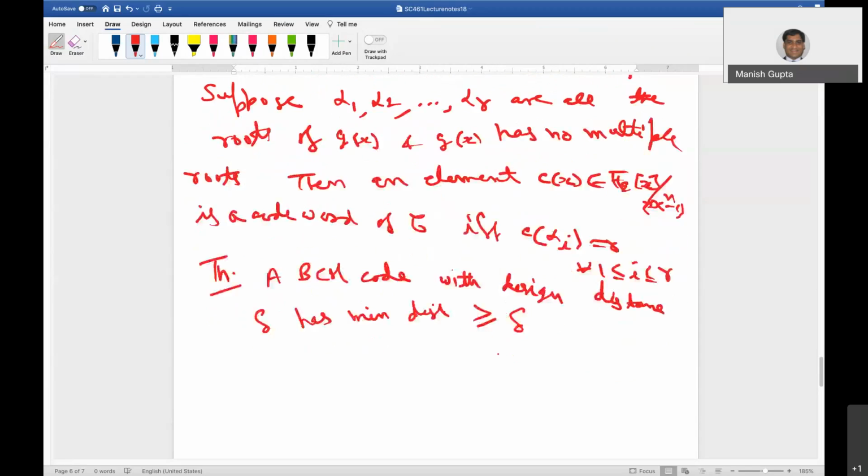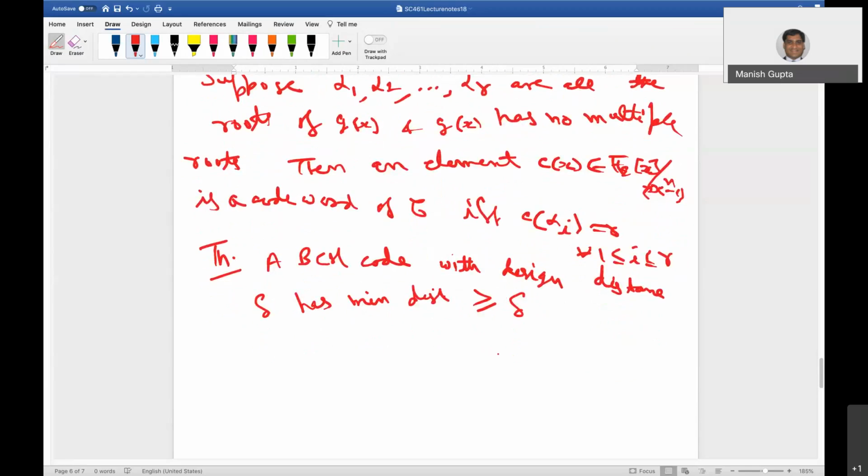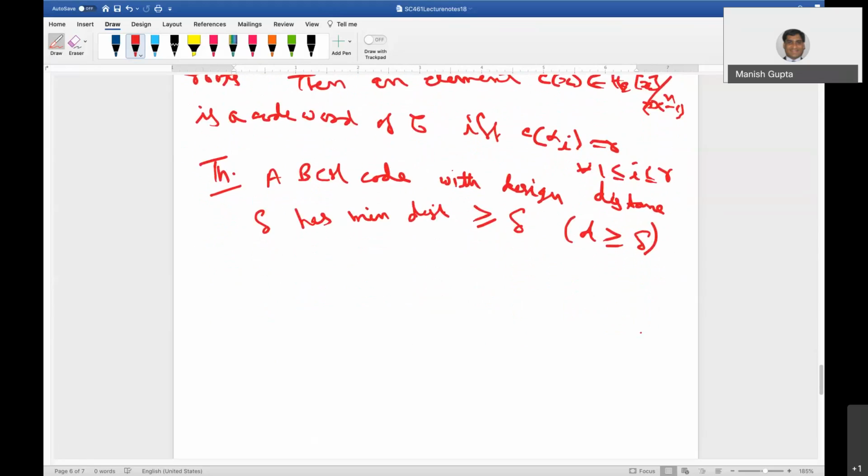This is the important result. Now you see, delta is our choice. If I want to correct 2 errors, I know delta should be 5, so the distance should be at least 5. That's why delta is known as the design distance.